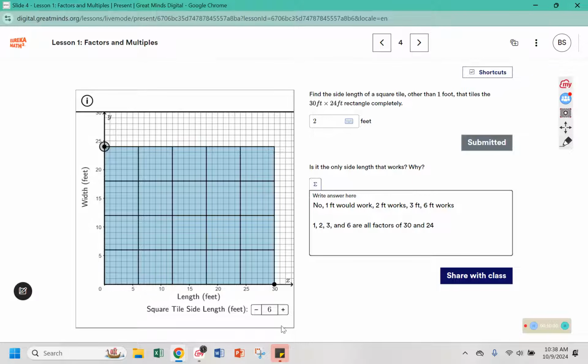Maybe try 4. Oh no, 4 doesn't work for 30. 1 times 30, 2 times 15, 3 times 10, and 6 times 5 all make 30, so those are all factors of 30 and 24. 4 is also a factor of 24, but 4 would leave remainders for 30 feet.